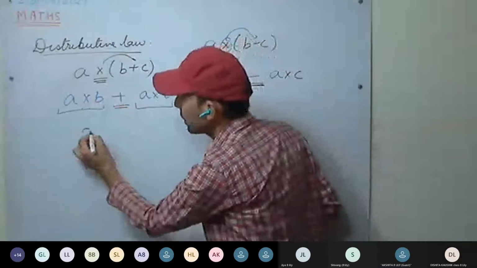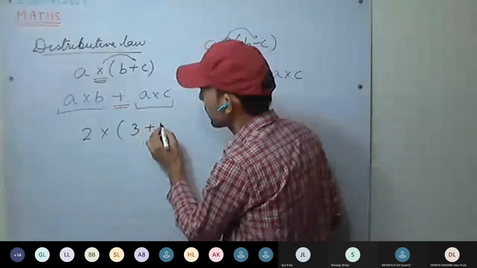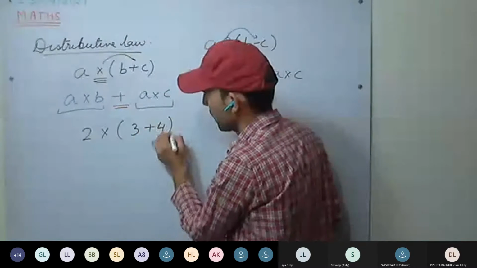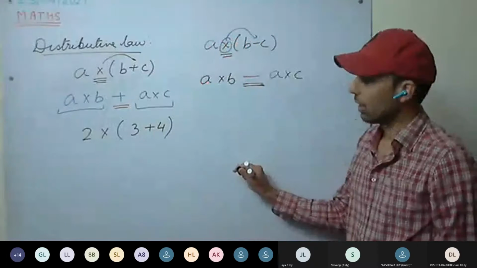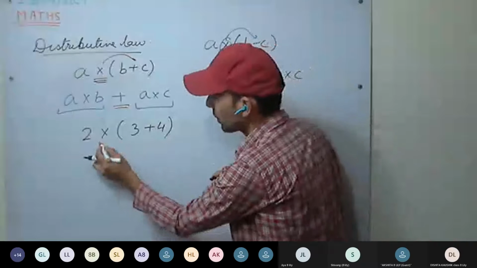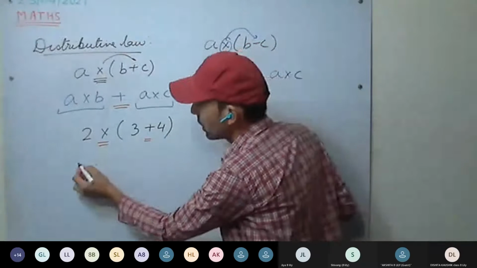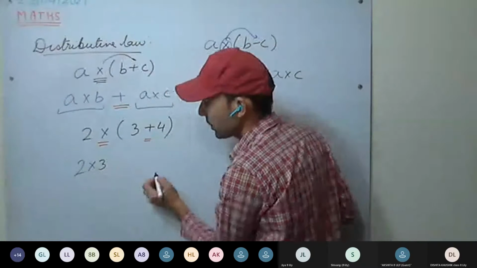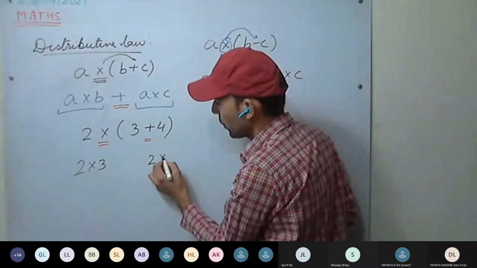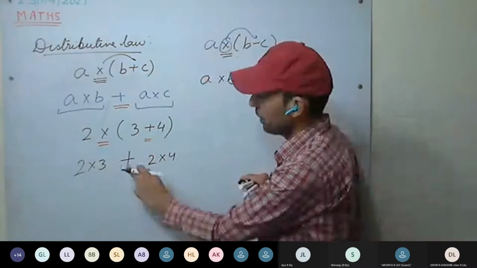Okay. If I am writing 2 into 3 plus 4, now we have to distribute multiplication over addition. How are we going to distribute? 2 into 3, 2 into 4, and it will be plus sign.